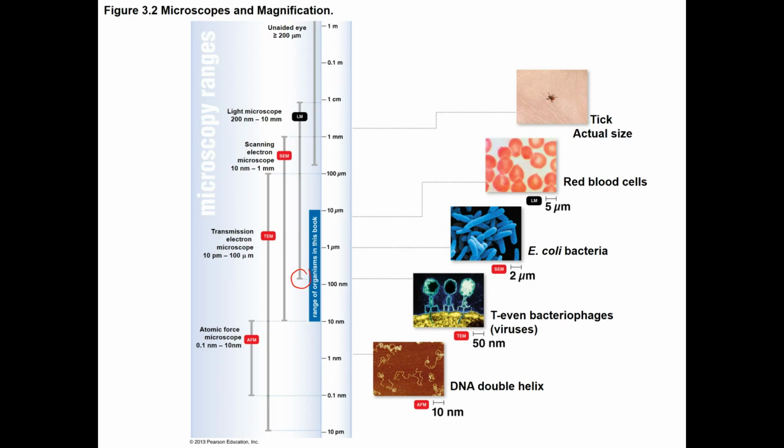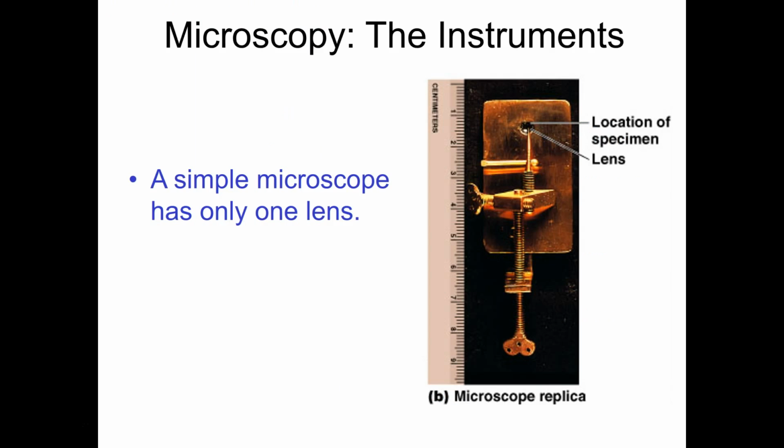So that brings us to atomic force microscopes, which allow us to visualize atoms and molecules these days. But you have to remember, von Leeuwenhoek, the father of microorganisms, discovered them using one simple lens. So while microscopes are great for visualizing bacteria, you don't necessarily need them to see all microorganisms.